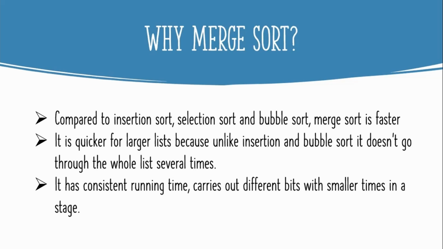As in case of insertion sort or bubble sort, we have to iterate through the complete list several number of times, which will be a costly operation. So merge sort is more often preferred in such cases. Then merge sort needs a consistent running time, and as the array is divided into multiple subarrays, we can say that different smaller computations are carried out in a quicker time in case of merge sort.